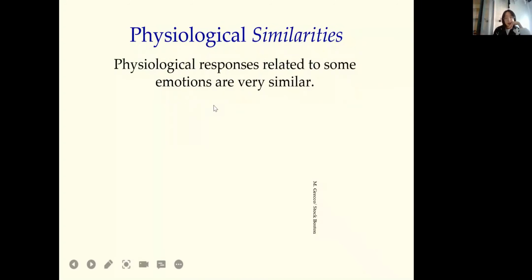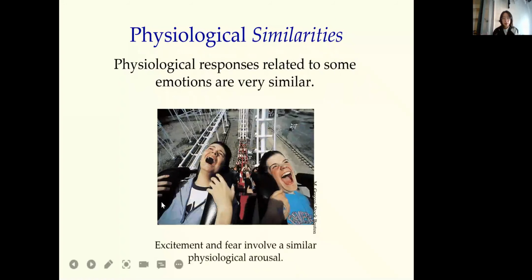And physiological responses related to some emotions are very similar. For example, excitement and fear, like what I talked about earlier, involve a very similar physiological arousal, like our heartbeat increases, respiration increases.